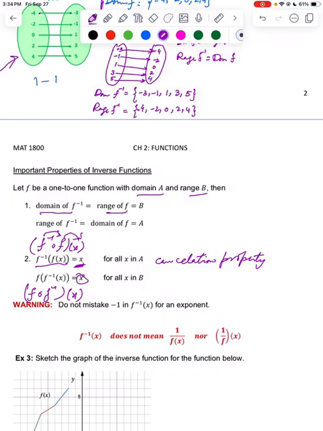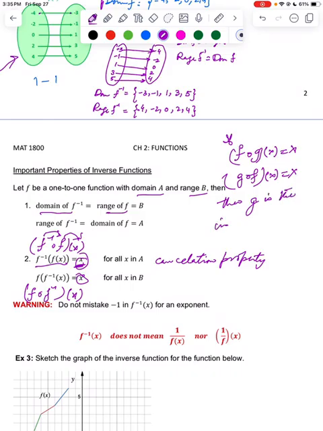So if these two conditions are satisfied for any two given functions, that is, if f composed with g of x gives us x, and g composed with f also gives us x, then g is the inverse function of f, and they are inverses of each other, and f is the inverse function of g.